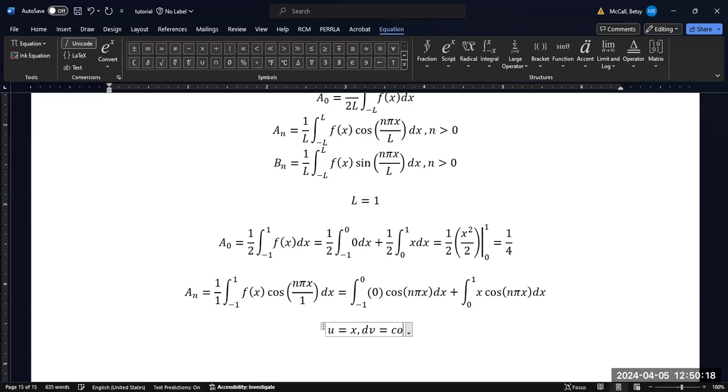So dv is cosine n pi x dx, du is dx, and v is going to be 1 over n pi sine n pi x.